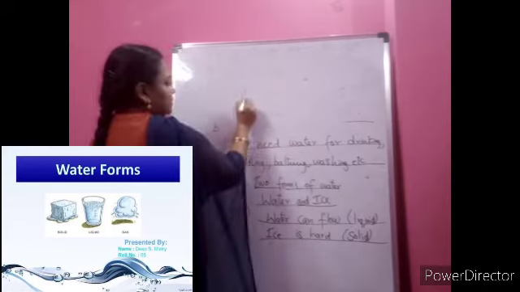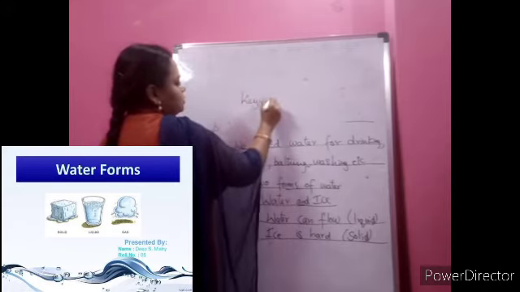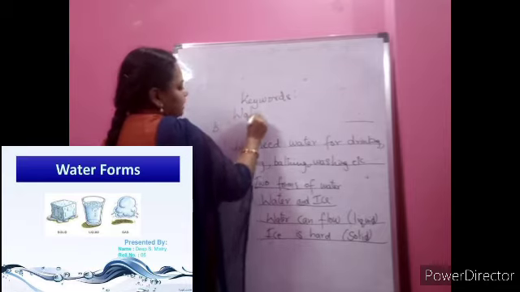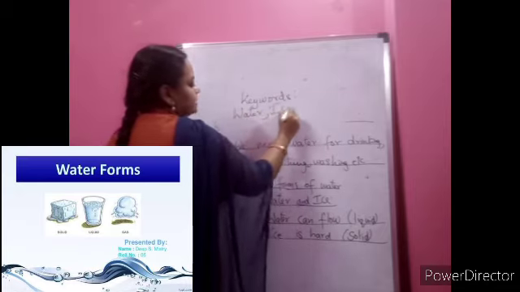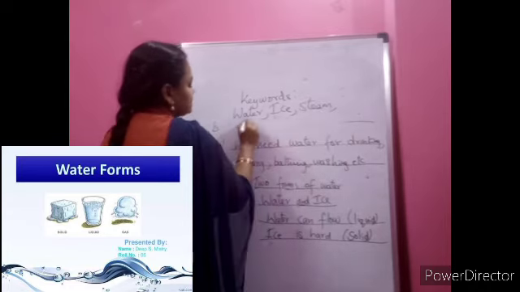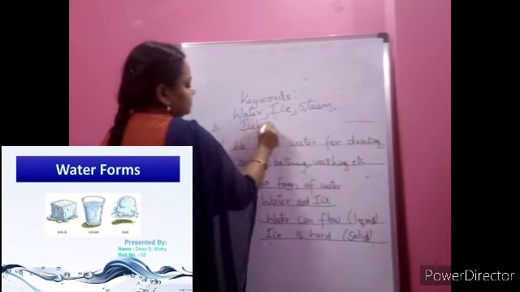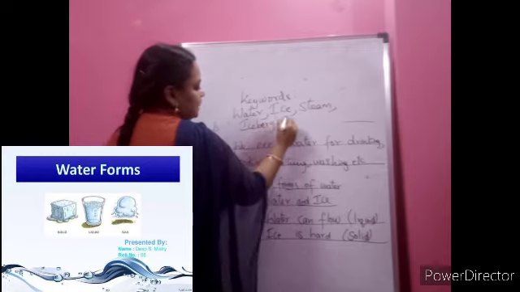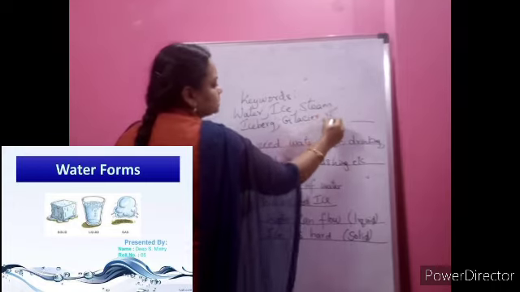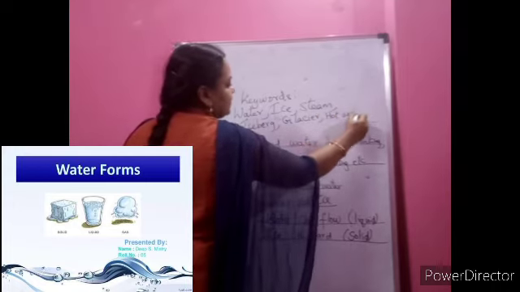So the key words for today's class, which you have to learn the spelling. Water, I hope you all know the spelling. Ice, spelling you please learn. Steam, you learn, children. Then iceberg, glacier, hot water spring.